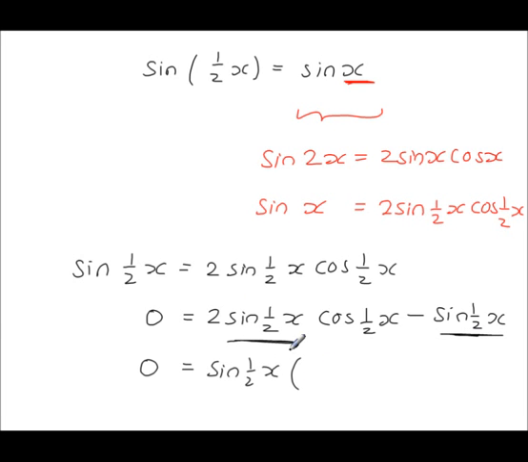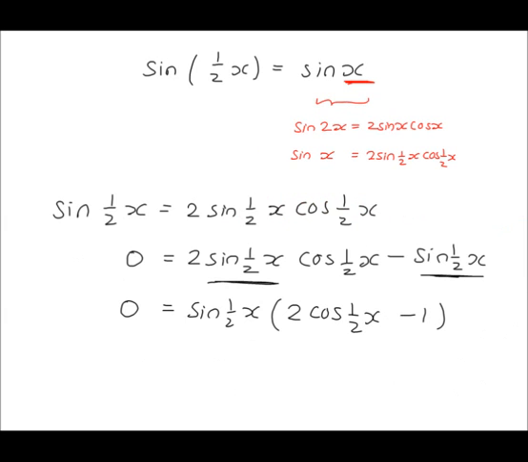That leaves 2 cos half x minus 1. So from this part we have sine half x is equal to 0. You need to solve this, and 2 cos half x minus 1 is 0, so cos half x is equal to half. You need to solve this within whatever range of values of x are given to you.